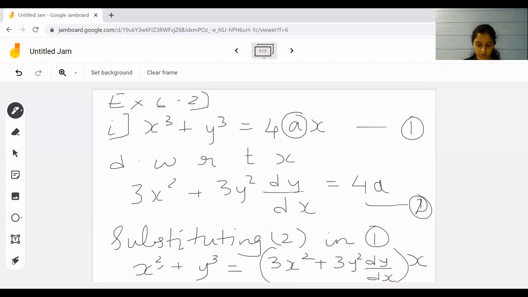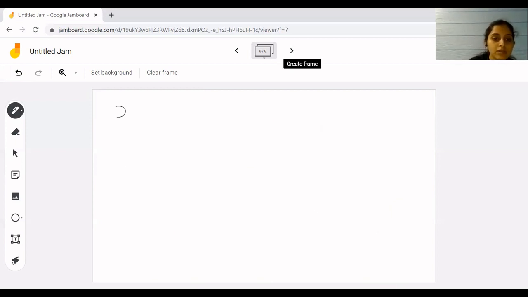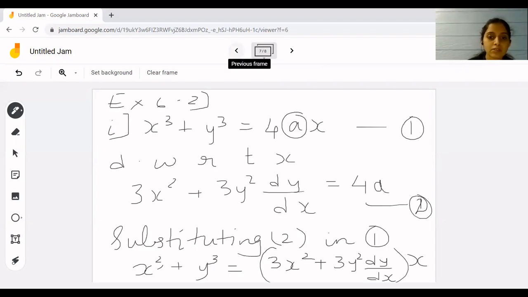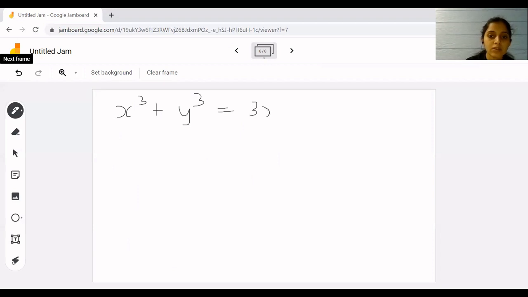and you can take x on the left hand side, or open this bracket. Now if I open this bracket, what do I get? X cube plus y cube is equal to, what's the first term? 3x square, so that becomes 3x cube, plus 3xy square dy by dx.